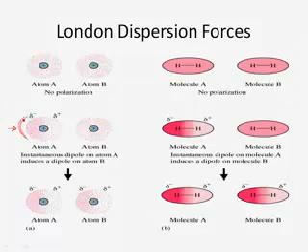But as soon as we get this instantaneous dipole, this atom, which we're calling atom A, is able to induce a dipole in this adjacent atom B. In atom A we have a more positive side here, which is going to attract electrons and make the electrons in atom B more likely to be on the side that is attracted to the positive side of atom A. And so now we have a dipole formed in adjacent molecules, or atoms in this case, and that is what we are calling London dispersion forces.